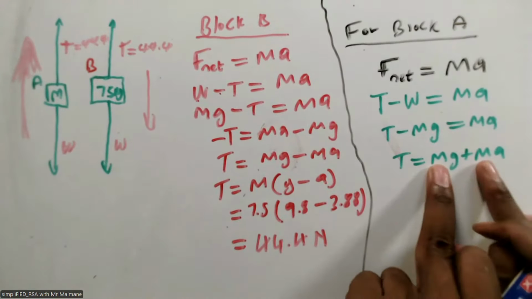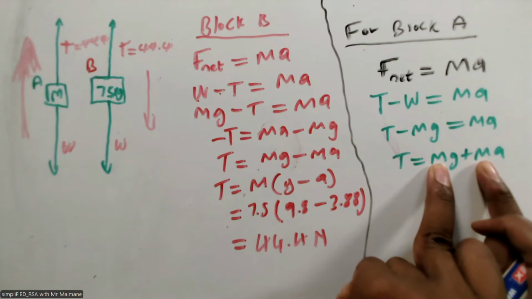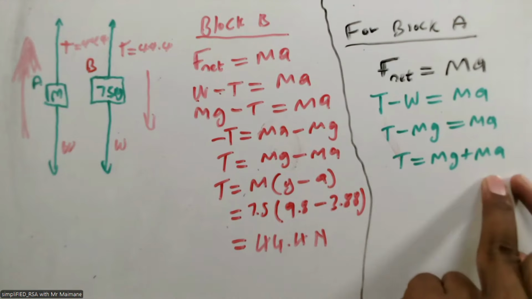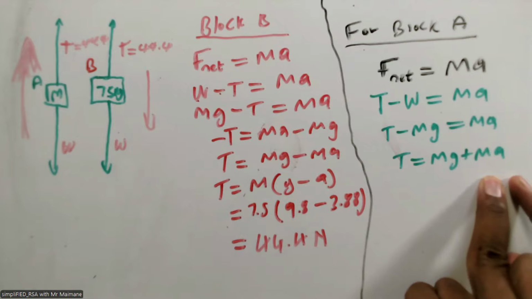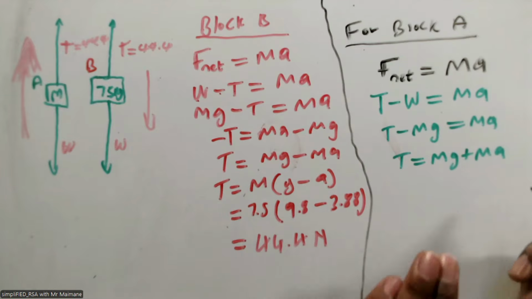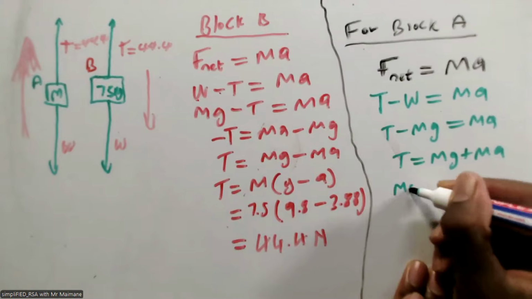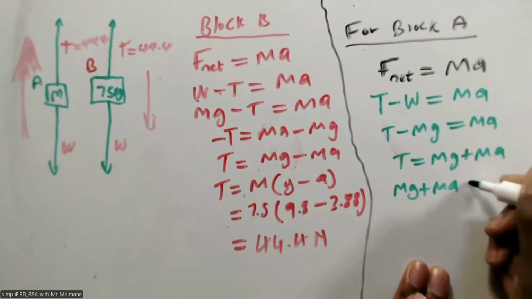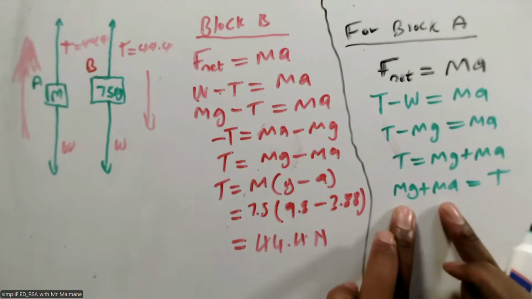But now I'm looking for the mass m. I could substitute all the values, but I enjoy playing around with the mathematics and substitute everything after. So if I rewrite this, I would have mg plus ma is equal to T because I know the tension.